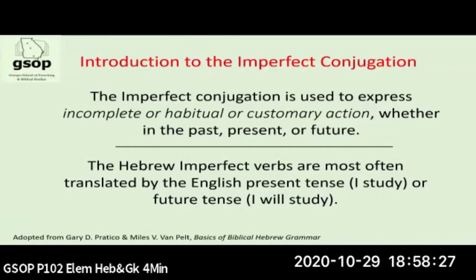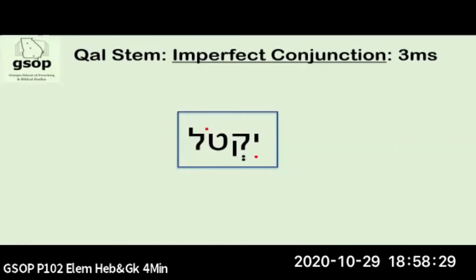It looks similar to the Qal perfect, but we're going to add something to it. We're going to change the vowel pattern. Now, the red is what you want to recognize most often to find for the imperfect. You're going to have a stem because we're still dealing with the qof, tet, and lamed root consonants.